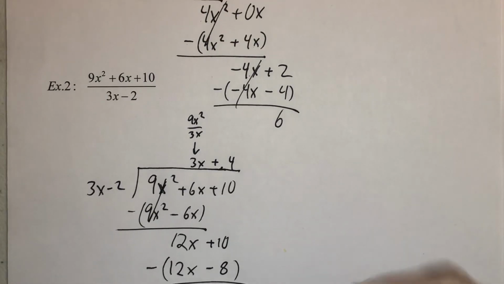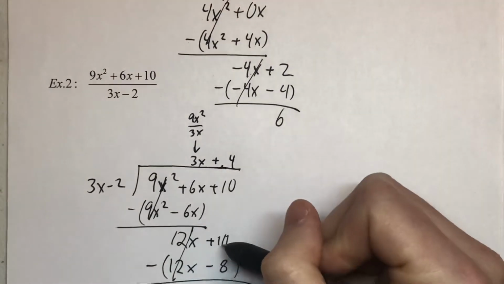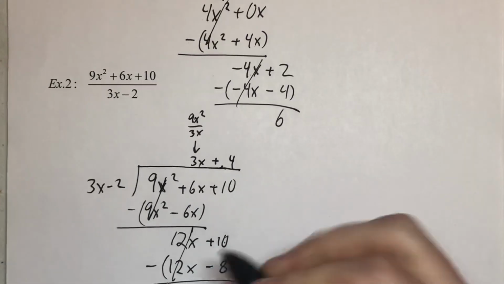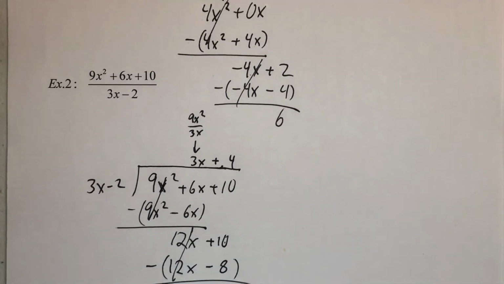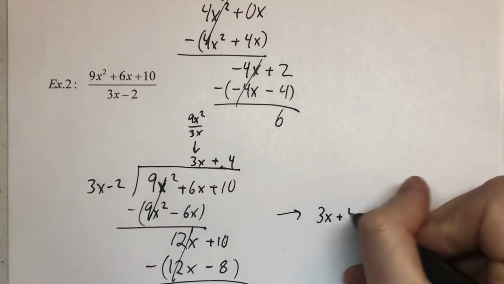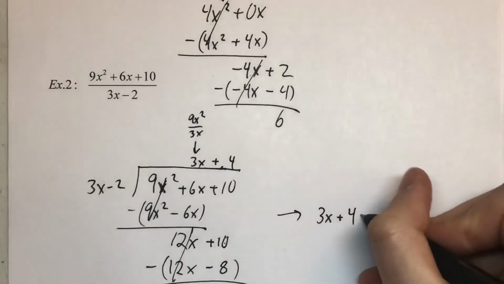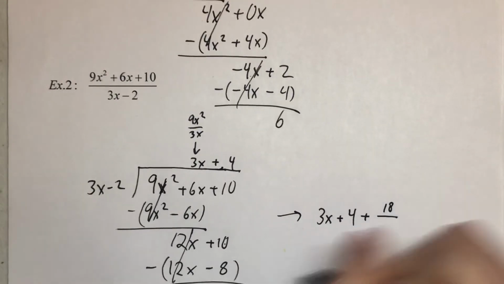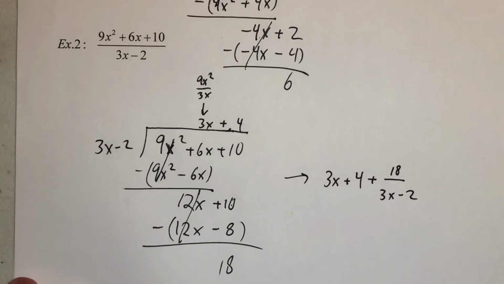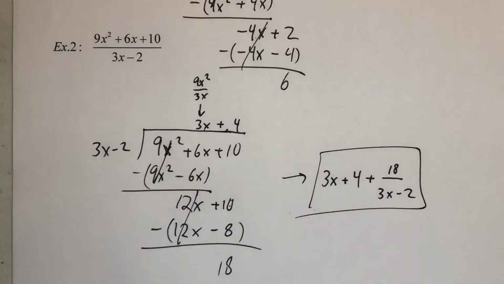So we go to subtract. 12x's are gone. 10 minus a negative 8, right? So 10 plus 8, so 18. And so we have our 3x plus 4 up top, and that 18, it's positive, so plus 18 over the 3x minus 2 for our final answer.